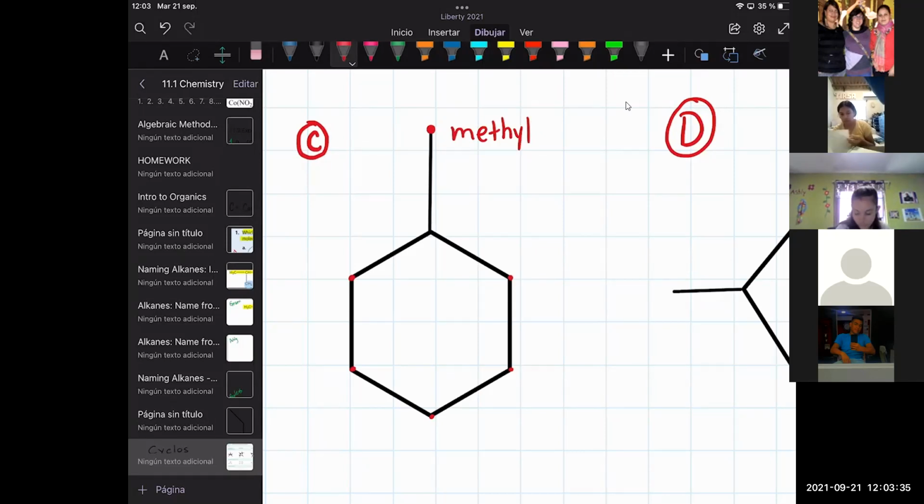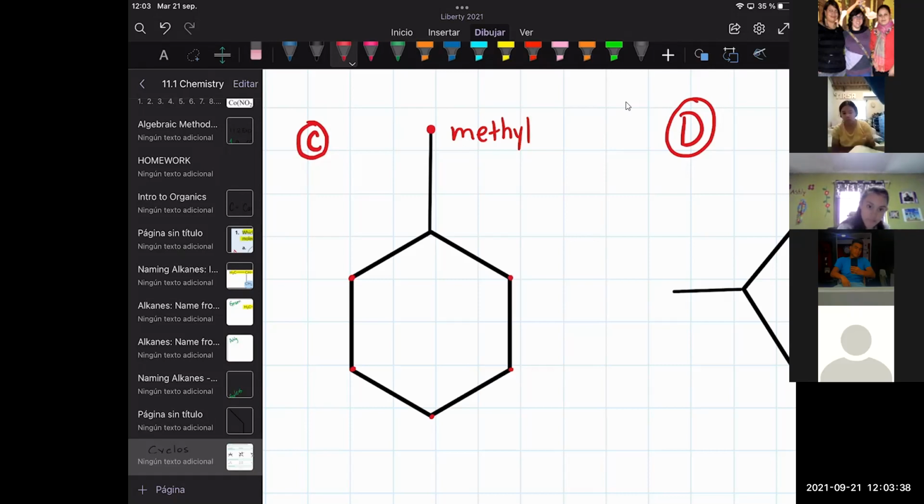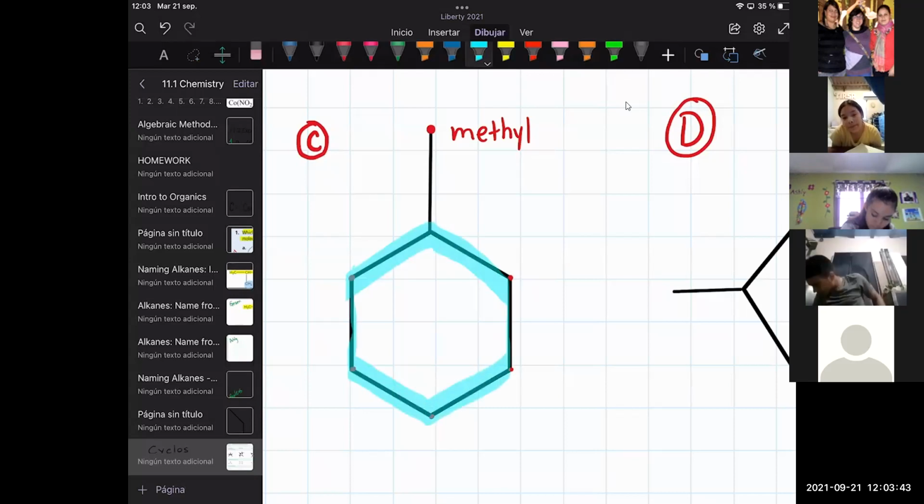When you have cyclos, you have to number the carbons in the cyclo, and you need to tell the position of the alkyl. In this particular case, it is mandatory, listen to me, it is mandatory that you choose the carbon where the branch is attached, that carbon is going to be your position 1.